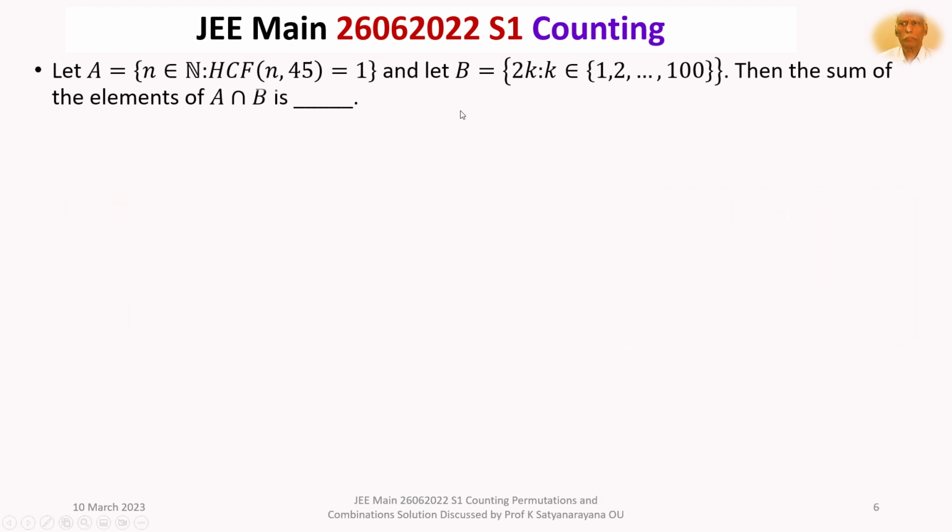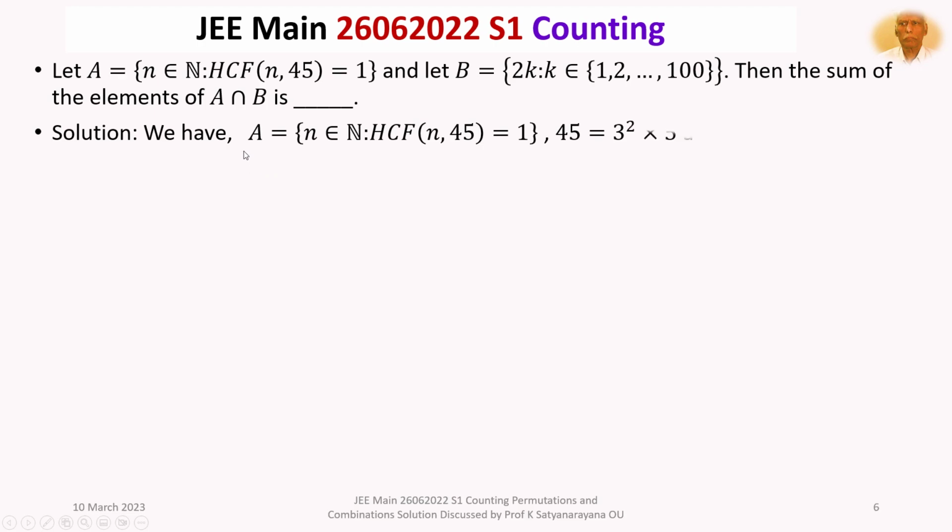That's our given question. Let's now discuss the solution of the problem in detail. We have the set consisting of n belongs to the set of natural numbers such that the HCF of n comma 45 is equal to 1. First note that 45 is 3 square into 5.